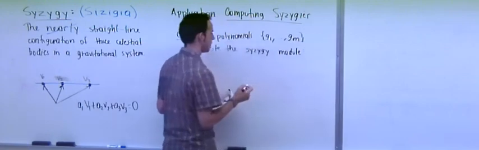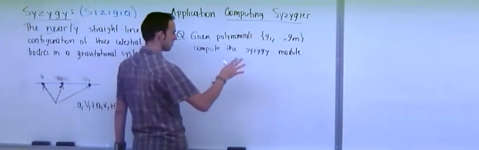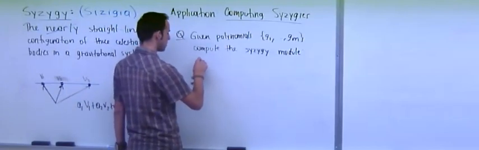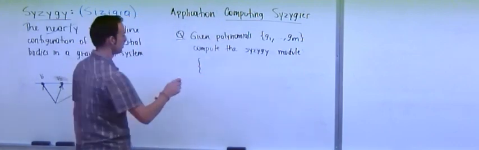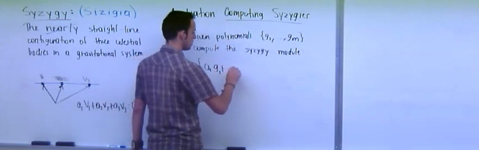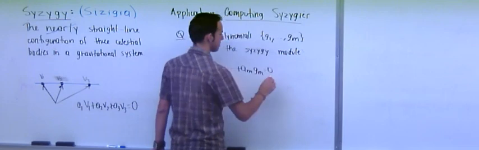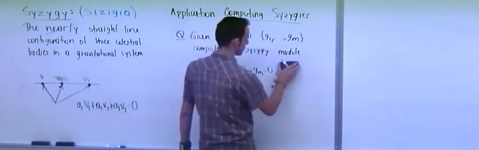Okay. If you don't like the word module, don't worry about it too much. We'll talk a little bit more about modules. But this is basically going to be the linear combinations of these polynomials, which are equal to zero, where these a's are polynomials.